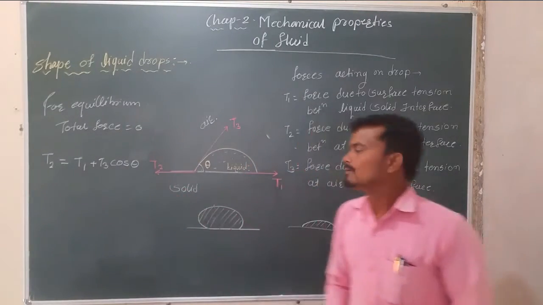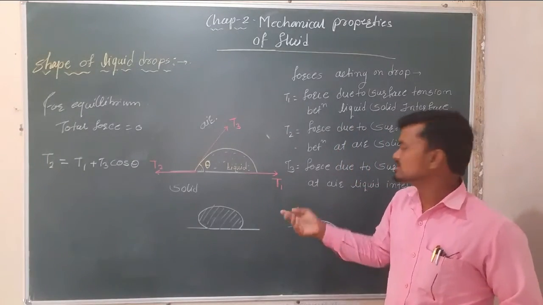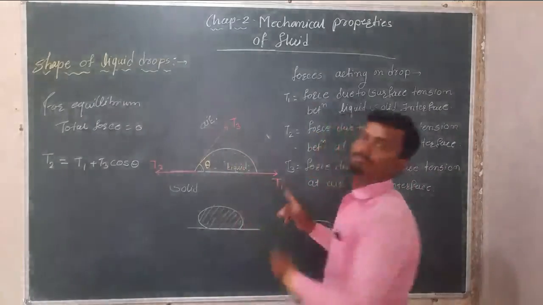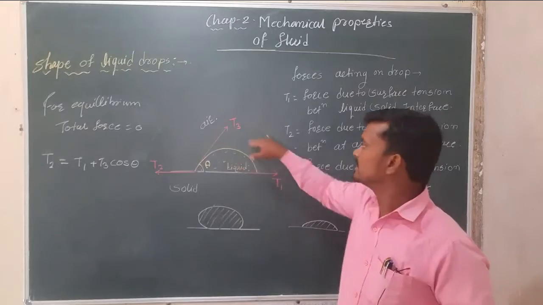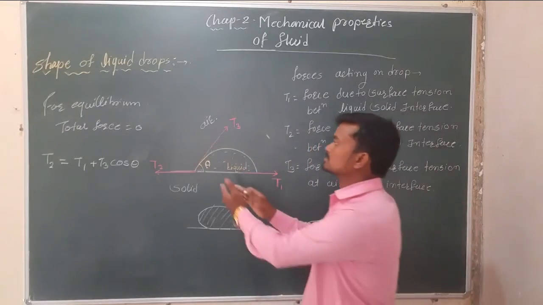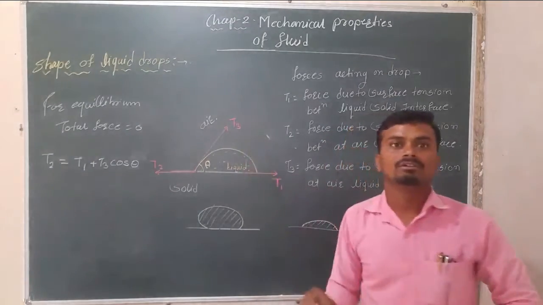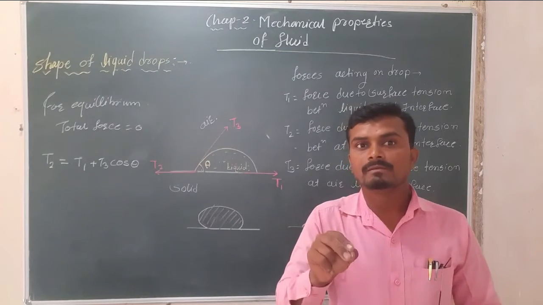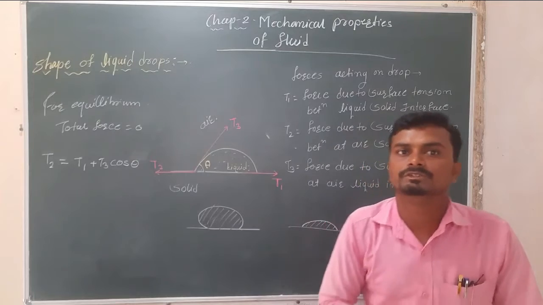And if I consider the force towards the left side, that force must be T1 plus the x component of T3. If that angle is theta, then the x component of T3 is T3 cos theta, and the total force towards the left side is T1 plus T3 cos theta.